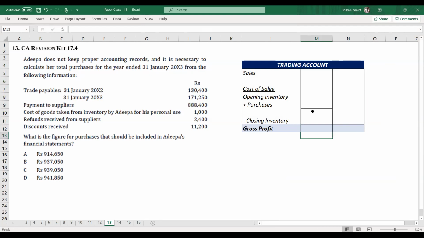What is the figure for purchases that will be included? What we can do is we will prepare a trade payables account.